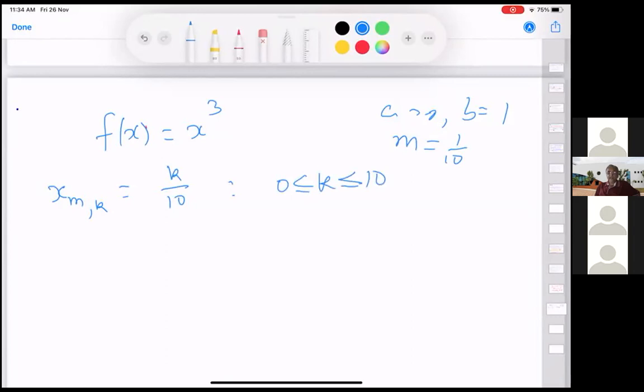So these are our XMKs. Now, what is VMK? VMK is the supremum.